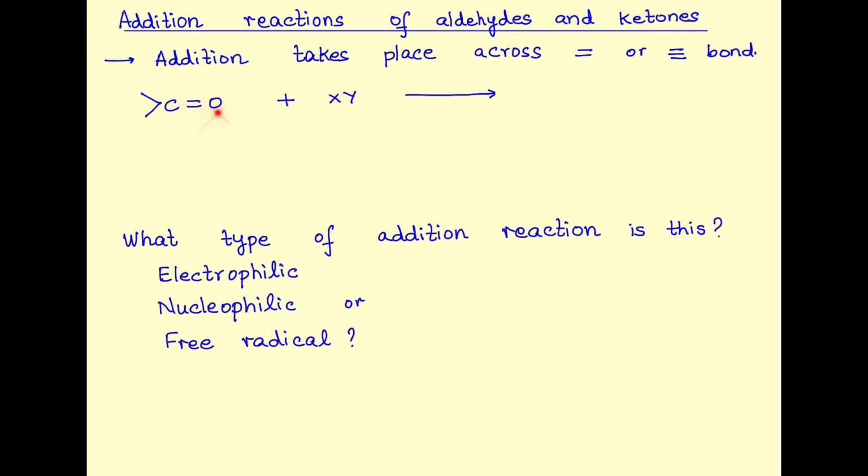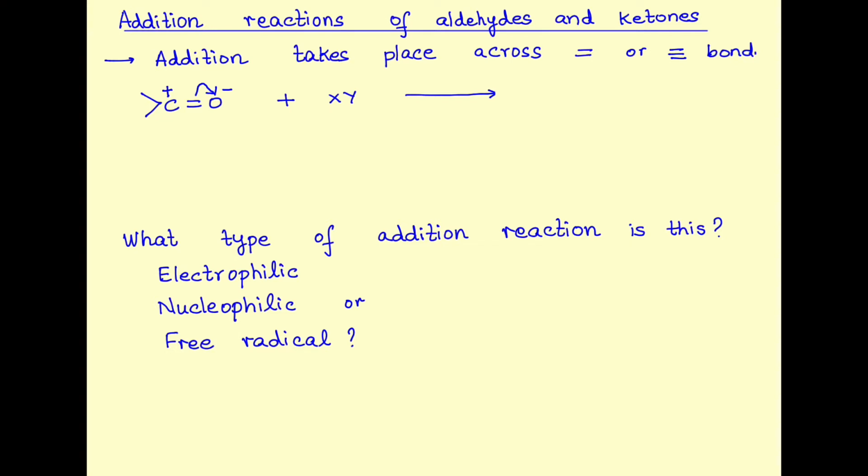Look at the structure. Oxygen over here is more electronegative compared to carbon. So what does it do? It pulls the electrons of the shared pair towards itself, acquiring a negative charge, whereas the carbon acquires a positive charge. It is short of electrons now.